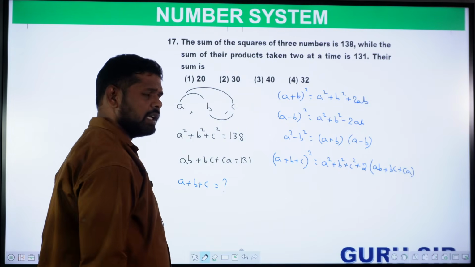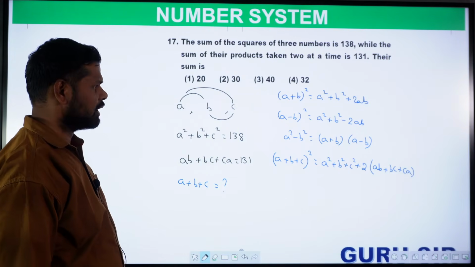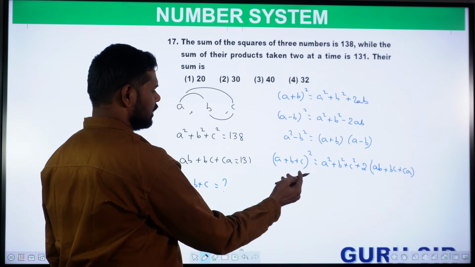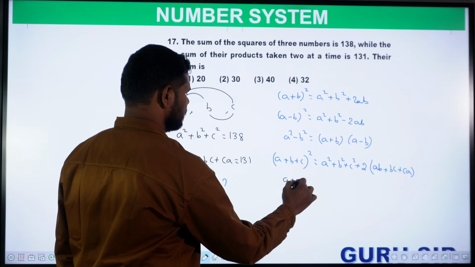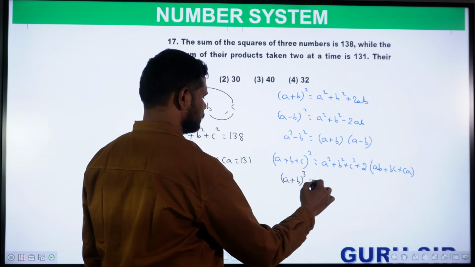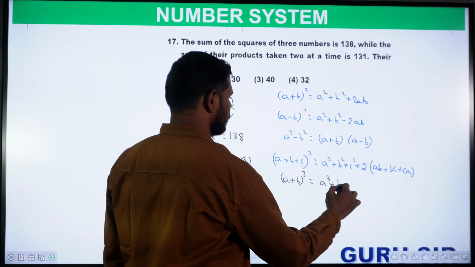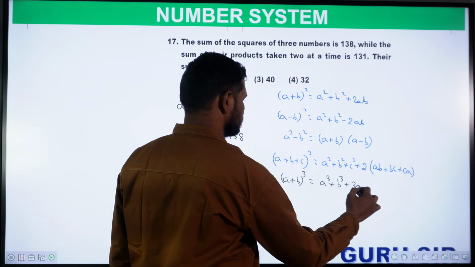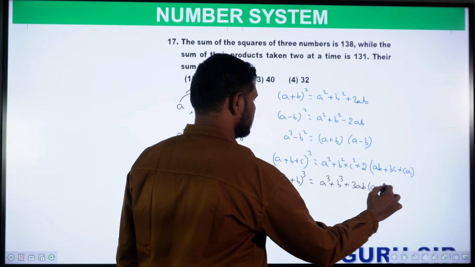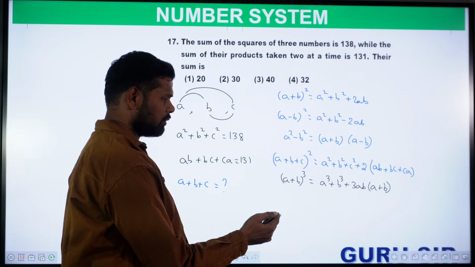And A plus B whole cube is A cube plus B cube plus 3AB into A plus B. So this is also one of the formulas.